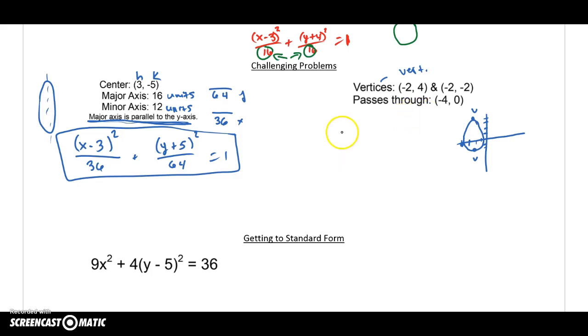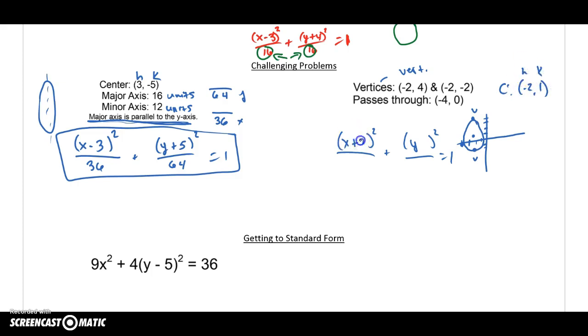Okay, so where's my center going to be, right? I have x something squared over something plus y something squared over something is equal to 1. Well, my vertices, right in the middle there is going to be my center. So these are 6 units apart, aren't they? So the center is right here, left 2 and up 1. So center of negative 2, 1. There's my h, k.